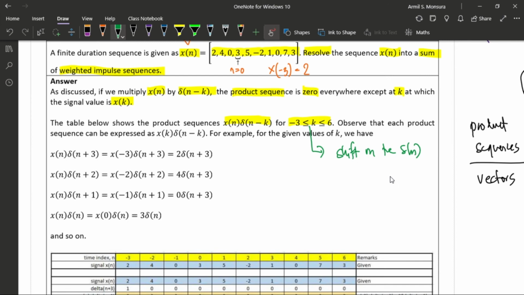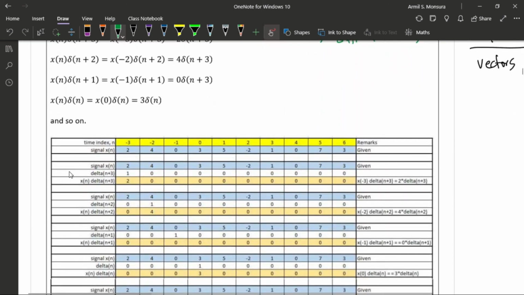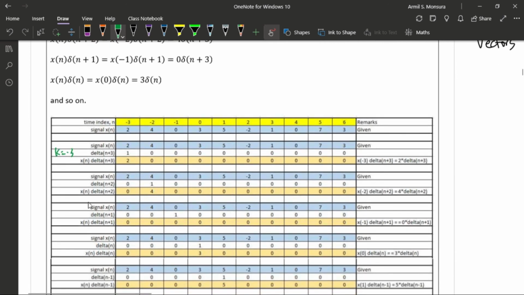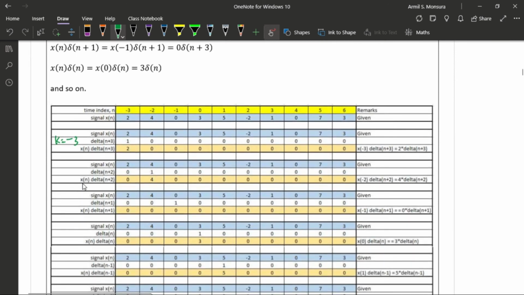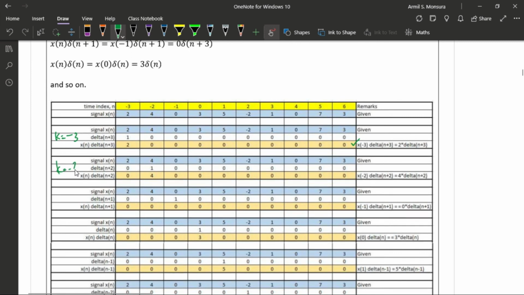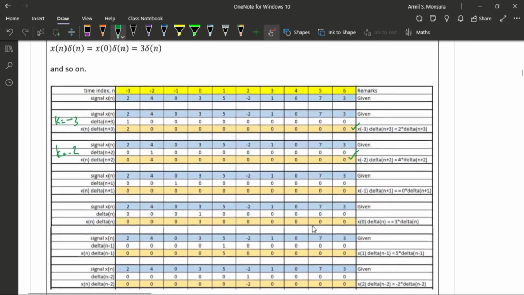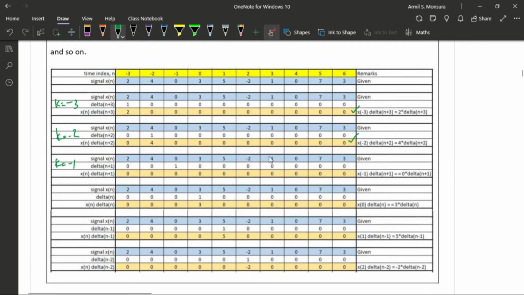Okay. So for example, dito sa table natin, this is the product sequence when your k equals negative 3. Okay? When your k is equal to negative 3, this is itong naka-highlight na beige na to. So for k equals negative 2, this will be the product sequence. For k equals negative 1. And again, tingnan niyo mabuti yung product nila.